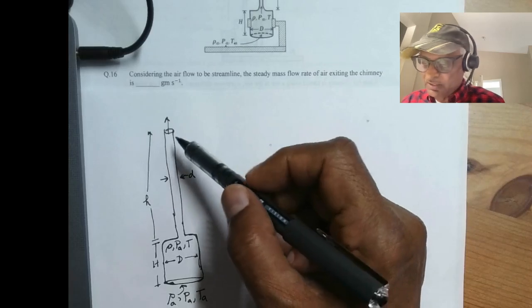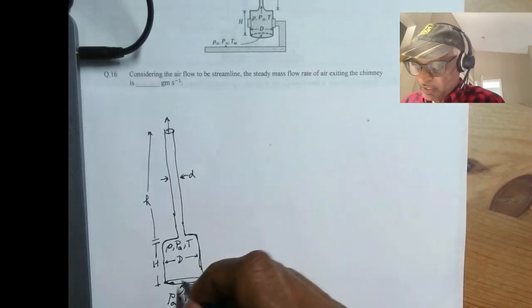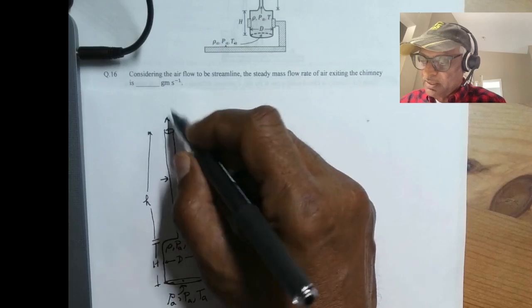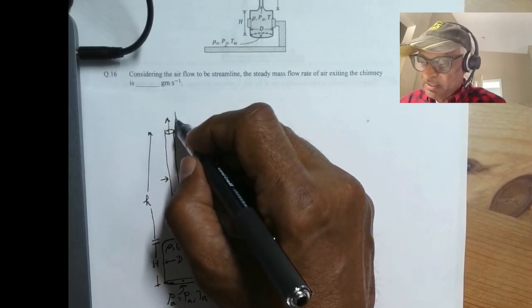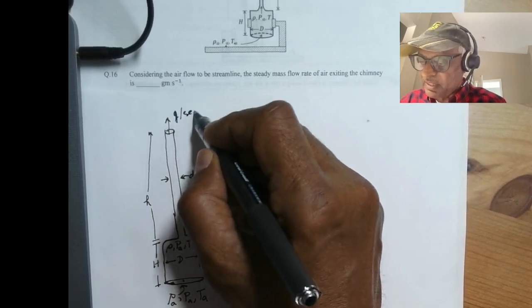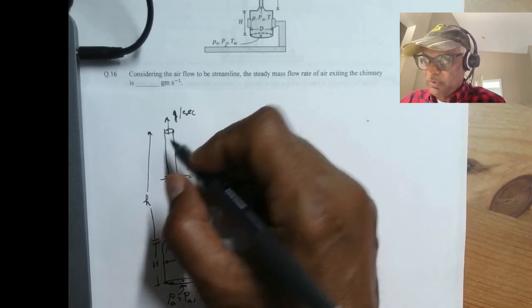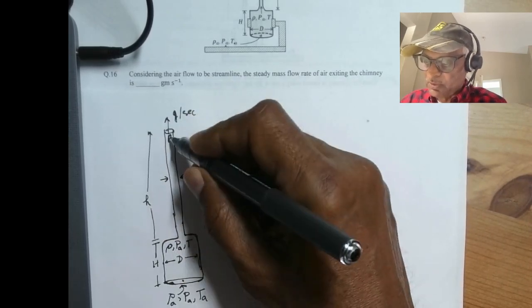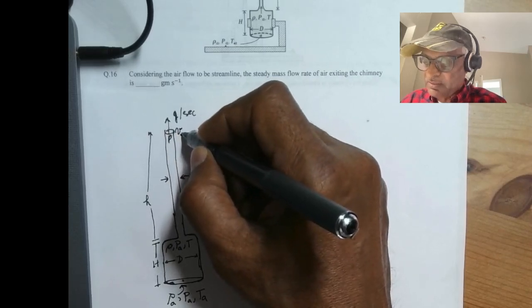Consider what we're looking at. We're supposed to find how many grams per second come out of here. So if it's coming out at density rho, and if it's coming with a speed v, say exit.